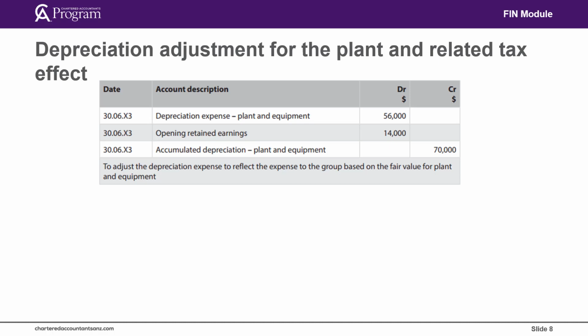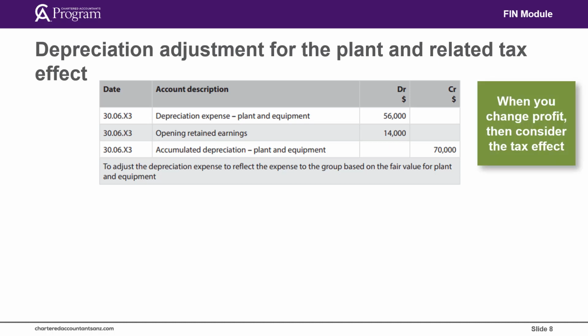And last year, when we did the consolidation, we would have increased last year's depreciation expense by $14,000. Last year's depreciation expense is now sitting in opening retained earnings, so the debit is to opening retained earnings. Correspondingly, there is a $70,000 increase to accumulated depreciation.